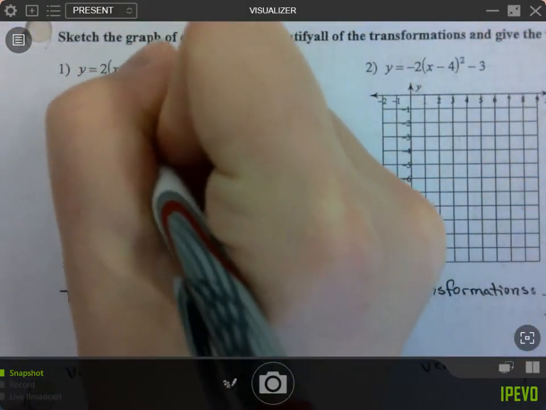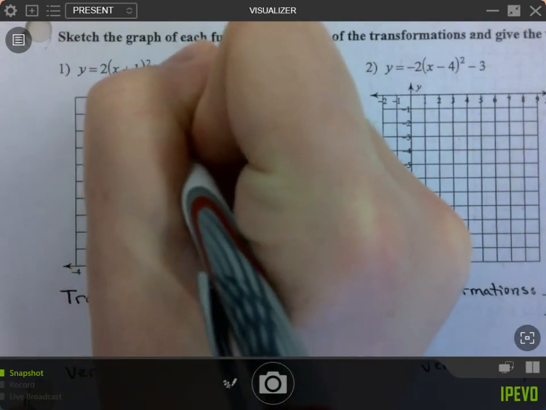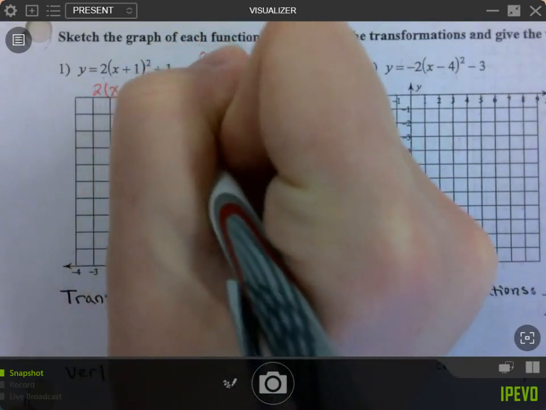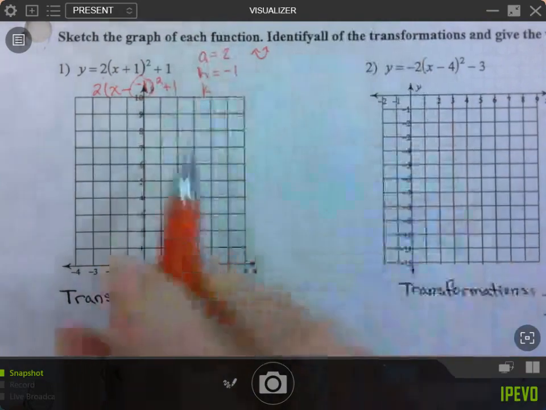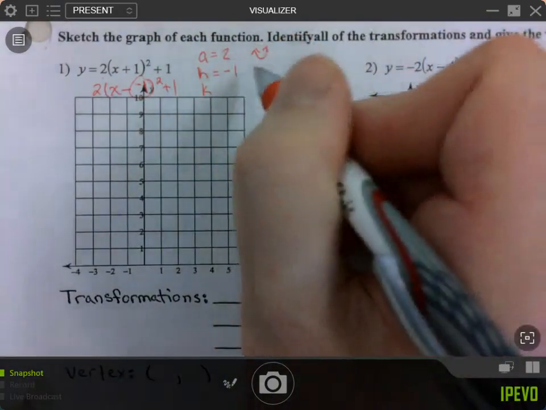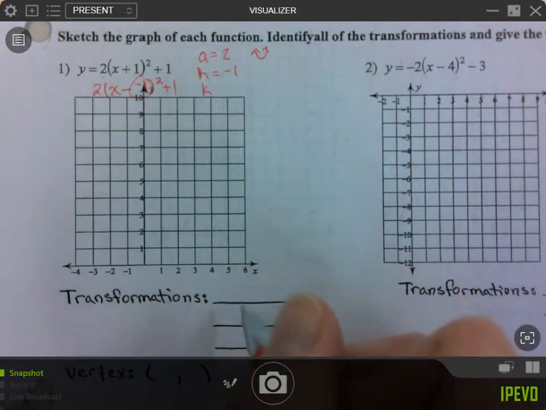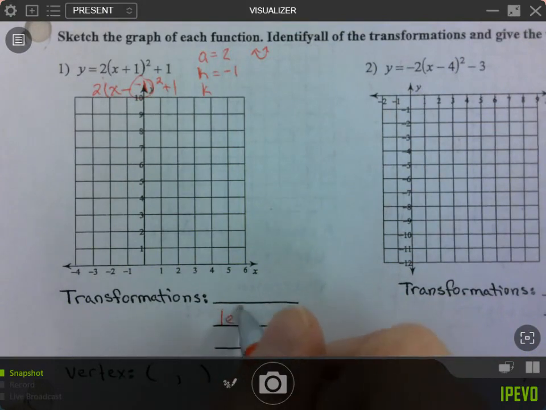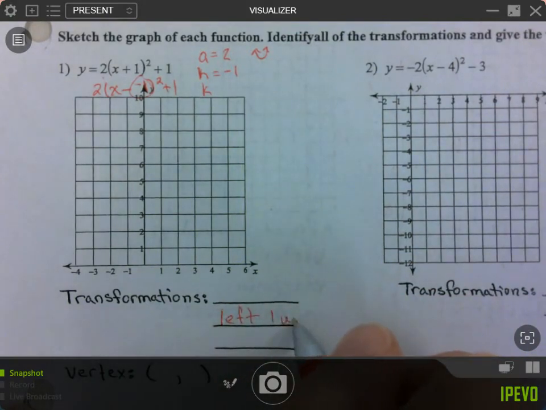Why? Because I could rewrite it as x minus and it'd have to be a -1 squared plus 1. So the h value is -1. That means the transformation there is going to go left 1 unit. That's what I'm talking about. The transformation is not just left or right, it's how far.